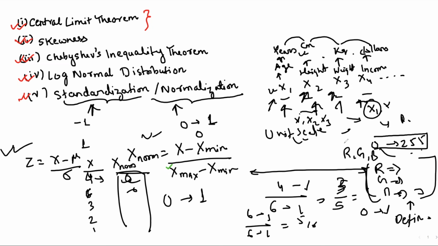Image processing I will cover also, not in this machine learning series, but maybe when I start my deep learning series. We'll get to know there how important normalization is. You can even use normalization in normal machine learning, depending on what the problem statement is, what problem you're dealing with. You can use either standardization or normalization. It doesn't matter.